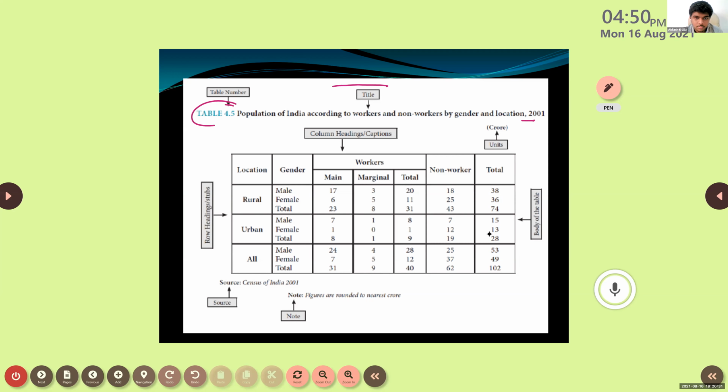7. Okay. Same way, non-worker female in the rural area? 25. Okay. So we take into consideration the column heading and, at the same time, the row also. By seeing these two, we can locate the actual data here.